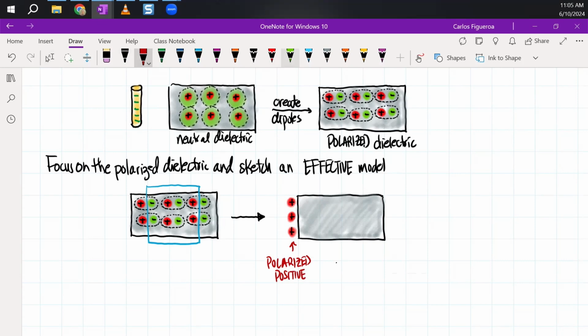On the other hand, you could see the green ones, they would be right at the surface, because remember, there's atoms at the surface. This is negatively charged. And so then we would say that this is polarized negative. So what about the inside? Start counting the atoms.